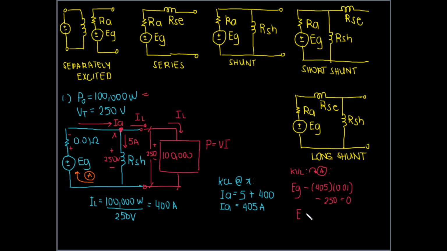From there, we now have a value for EG, which is equal to 250 plus 4.05, which is 254.05. So that's the voltage.